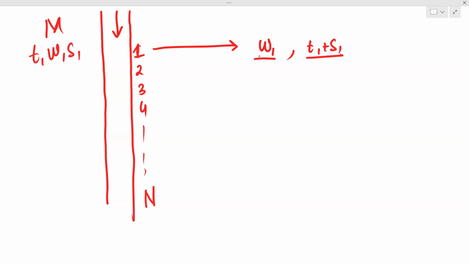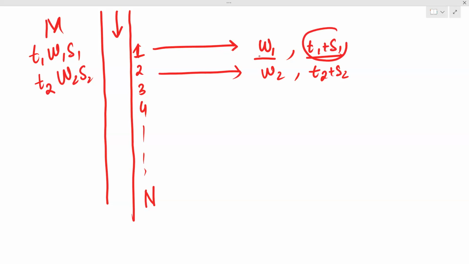Then maybe after this, at this time, w2 quantity of noodles is flown with s2. Now this person gets it. This person will come here, having received w2 quantity of noodles. He or she will return to this line again at t2 plus s2. Maybe by the time we have t3, w3 and s3 flown, this person's time has already finished and he will return to the line.